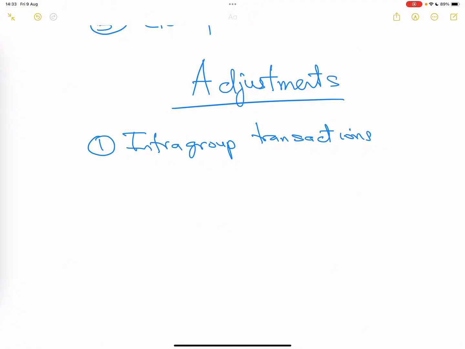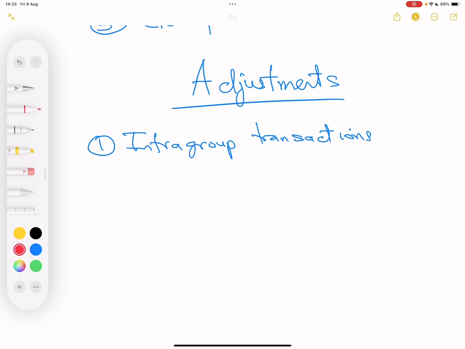And under this intra-group transaction, that's when we will be speaking on unrealized profit, which is very popular, and from my experience, one of the areas where students struggle a lot. But I want to promise that after this video, I don't imagine that you will ever struggle again. Just pay attention and let's keep going.